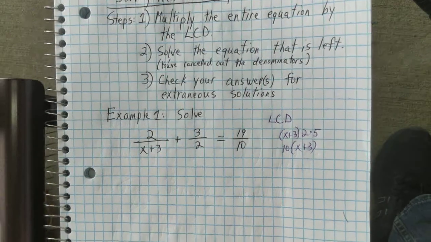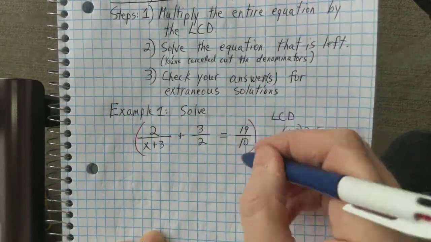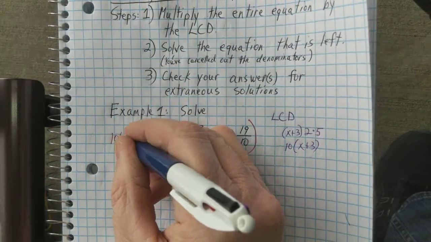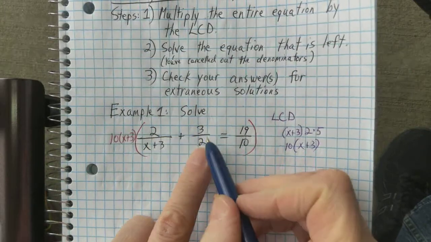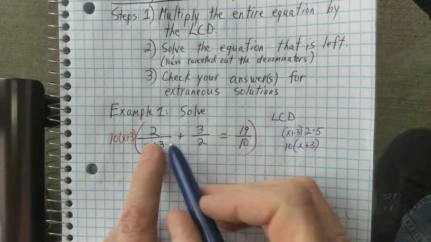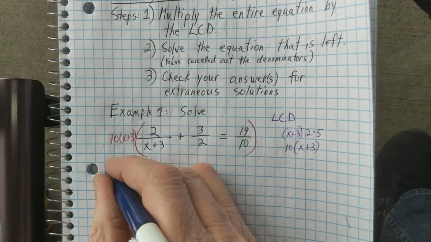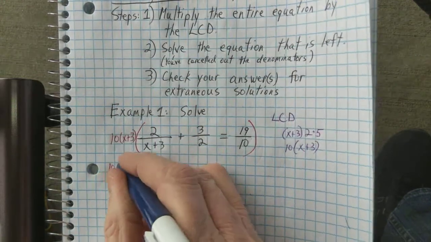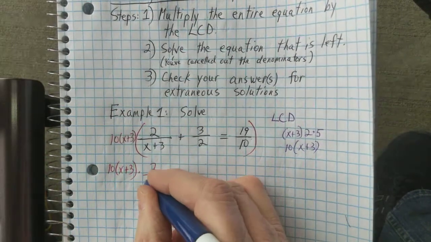And the next thing is to multiply this whole thing by that. 10 times x plus 3, the whole equation. So this term plus this term equals this term. All three of these terms will get multiplied by that. So I'm going to go 10 times x plus 3 times 2 over x plus 3.